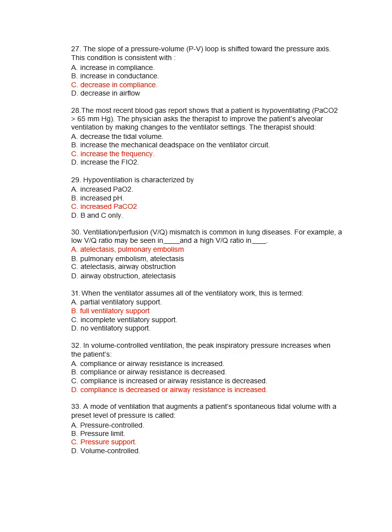30th question. Ventilation-perfusion mismatch is common in lung diseases. For example, a low ventilation-perfusion ratio may be seen in dash and a high ventilation-perfusion ratio in dash. So a low ventilation-perfusion ratio may be because of reduced ventilation or because of increased perfusion. It will be mostly because of reduced ventilation, which is seen in atelectasis.